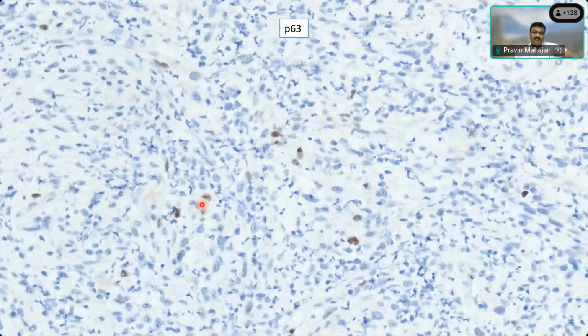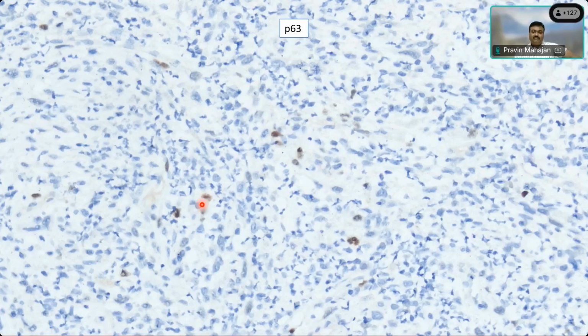The combination of these three markers is very helpful. All three can be positive in maybe 60-70% of cases. Only CK5/6 positive will be up to 50 to 60% of cases, and P63 will be positive in some 30-40% of cases. So you really do it as a panel, in combination, to make this diagnosis. You don't do just one marker, find it negative, and move away from this diagnosis.